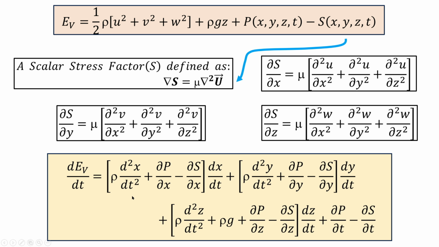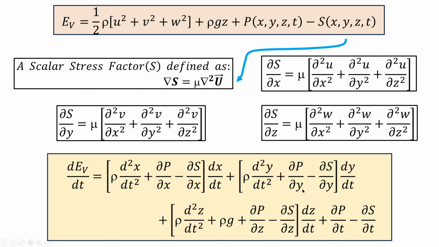The d square x by dt square, d square y by dt square, and d square z by dt square are the acceleration terms. The total derivatives of p and S are expanded in terms of their partial derivatives. So along with the d square x by dt square term, we have the partial derivatives of p and S with respect to x.